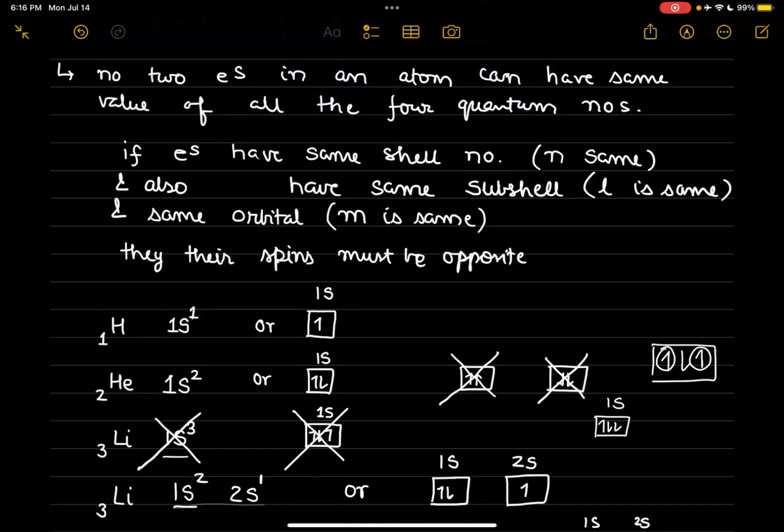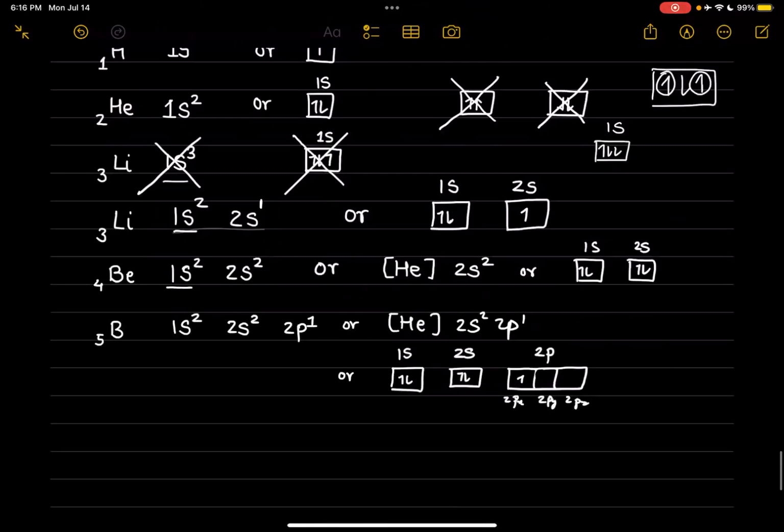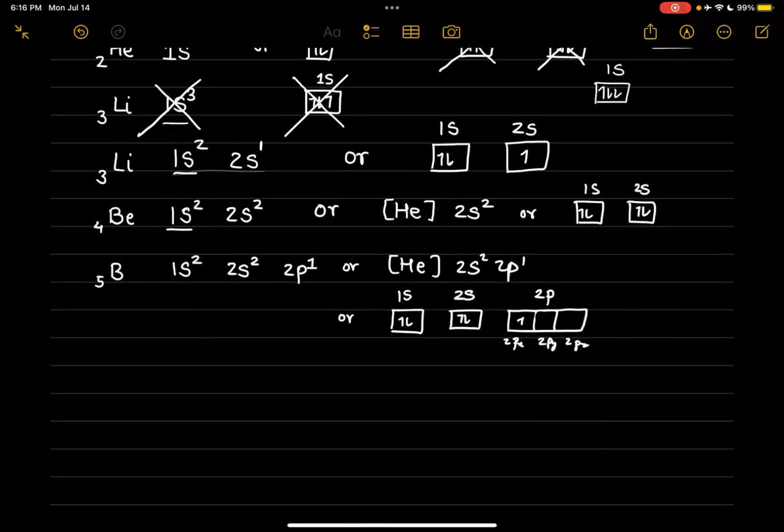One should have spin plus half, another minus half. If I try to put all 3 electrons of lithium in 1s, the last electron has the same spin as the second one, so it is not acceptable. I need to move to the next subshell, that is 2s. Got it?